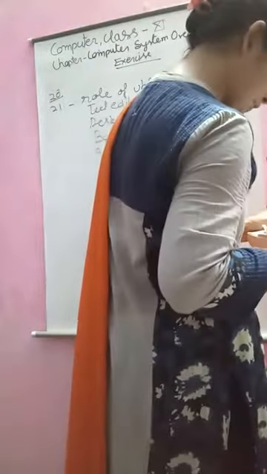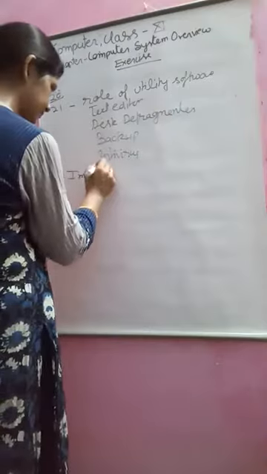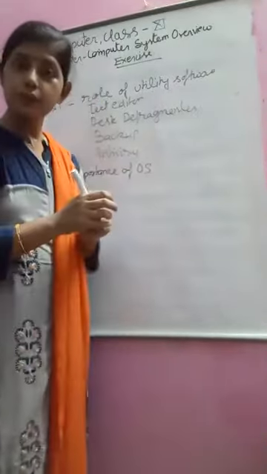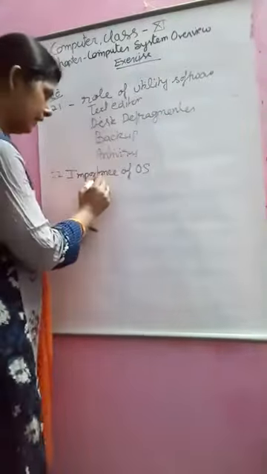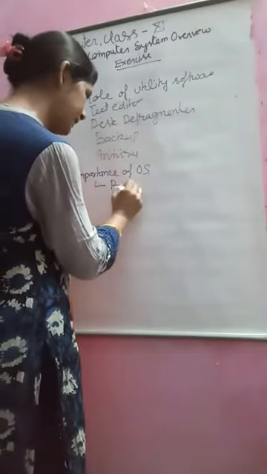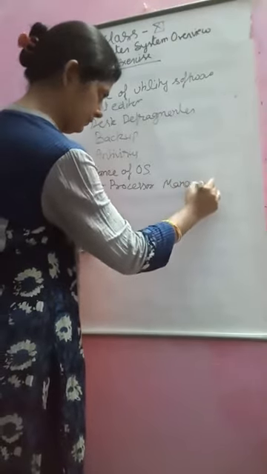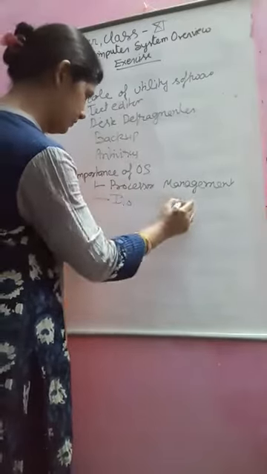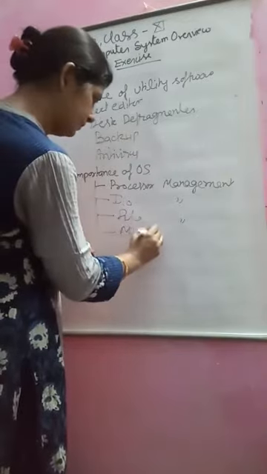Now, what is the importance of OS? Question 22. Importance of OS. The operating system is system software which manages all the hardware of your system. The working is processor management, IO management, file management, memory management.